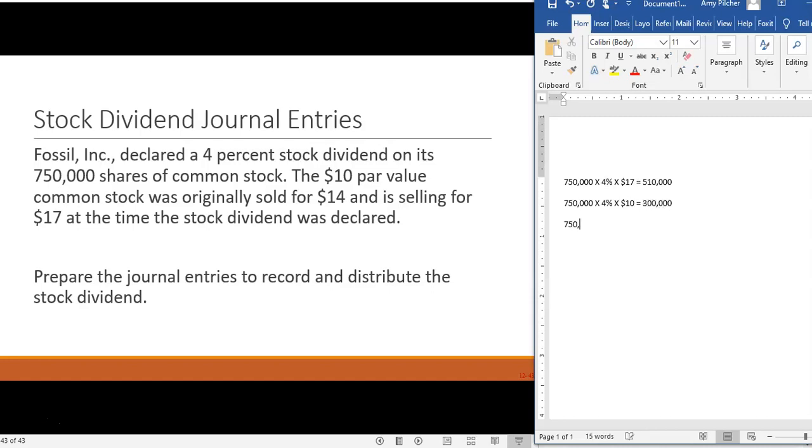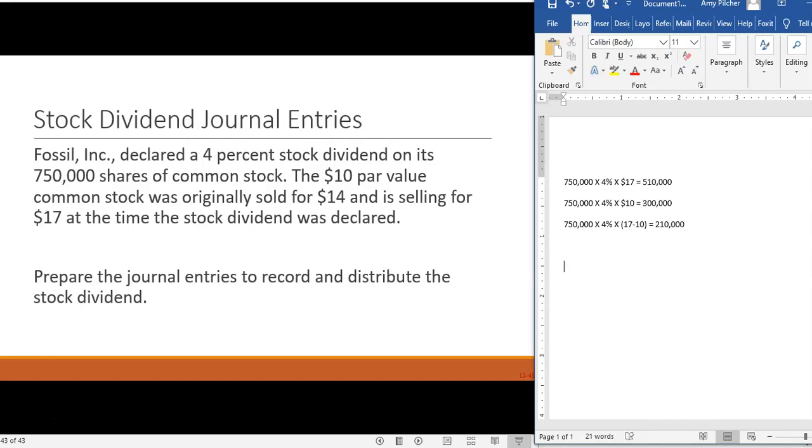And then our 750,000 shares times 4% for the amount of our stock dividend times our additional paid-in capital, which is our market price minus our par value, $7, and we get $210,000.